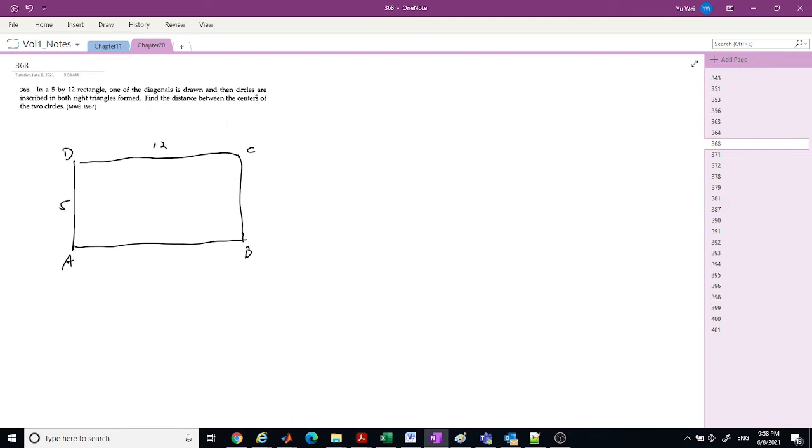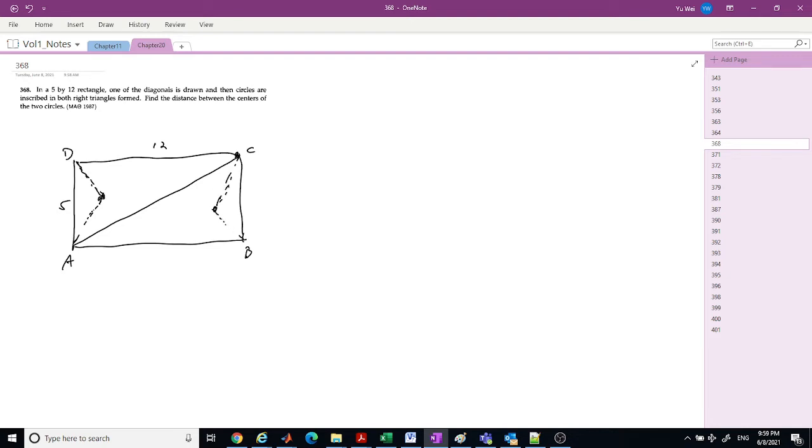One of the diagonals is drawn, and then the circles are inscribed, right? So the incenter is the intersection of the angle bisectors. Okay, so we have one angle bisector here, we have a second angle bisector here.